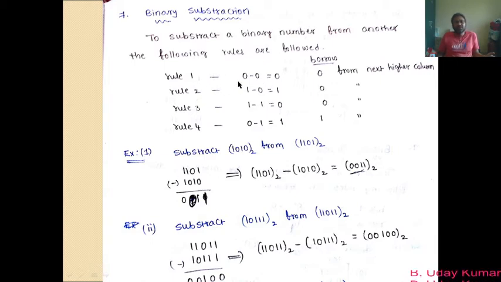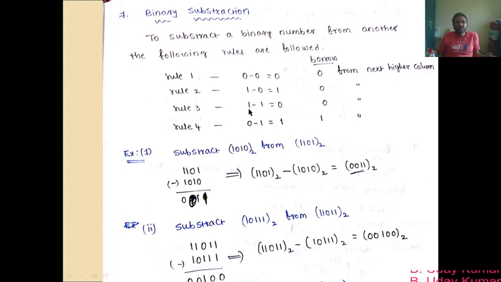The rule one is that you can subtract 0 from 0 because they are equal, so there is no problem and you get 0. Similarly, you can subtract 0 from 1, and you get 1. 0 is the smaller number and 1 is the bigger number, and hence you can easily subtract 0 from 1, because of which you get 1.